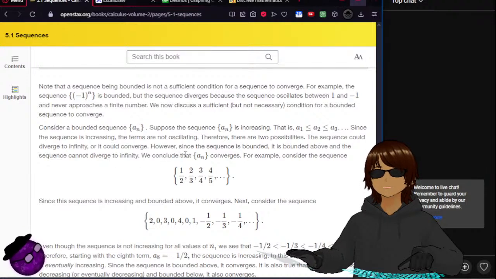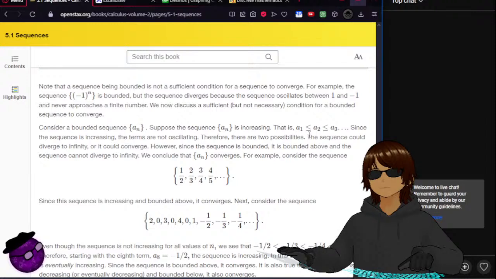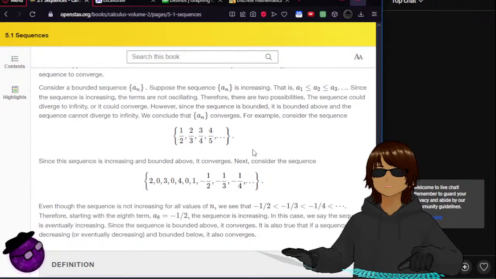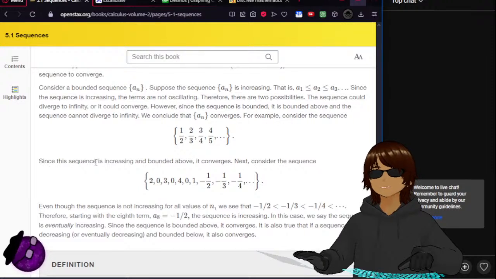We conclude a_n converges. Okay, I understand. Since the sequence is increasing and bounded above, it converges.